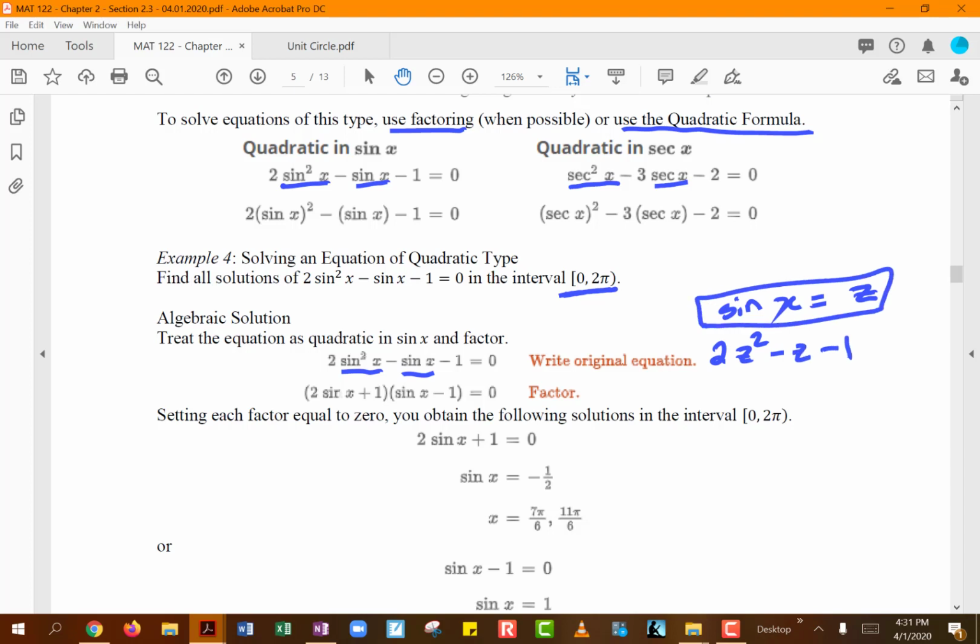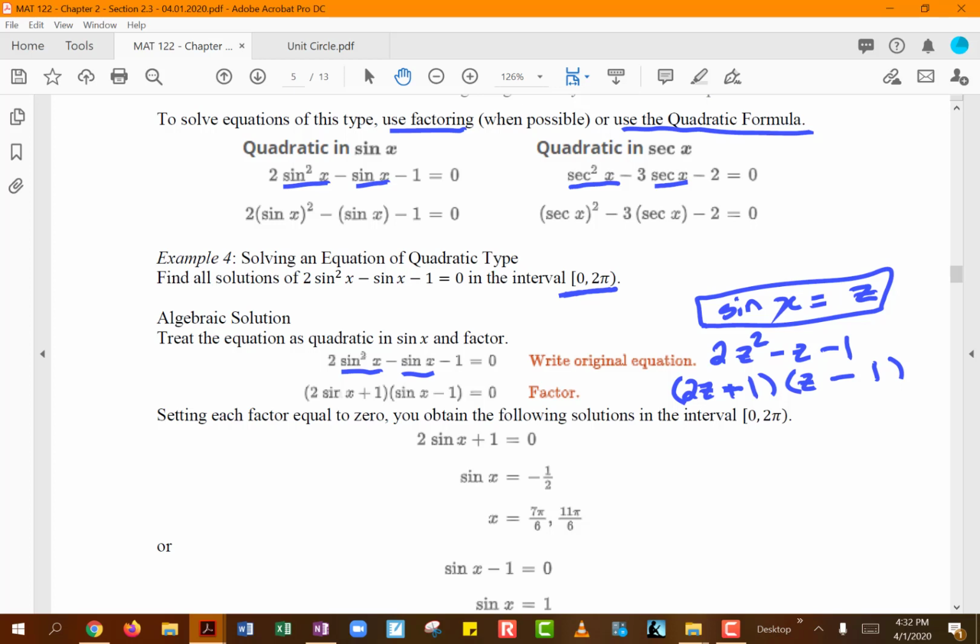Think of this sort of like you are doing a substitution, and then you can go ahead and factor this quadratic equation. So you will have 2z for the first one, z for the second one, and your negative 1 will break down into negative and positive 1. So you will have 2z minus 1 and z plus 1, but will this give us negative z in the middle? No, it will not. So I will actually need to switch my signs over here: 2z plus 1 and z minus 1.